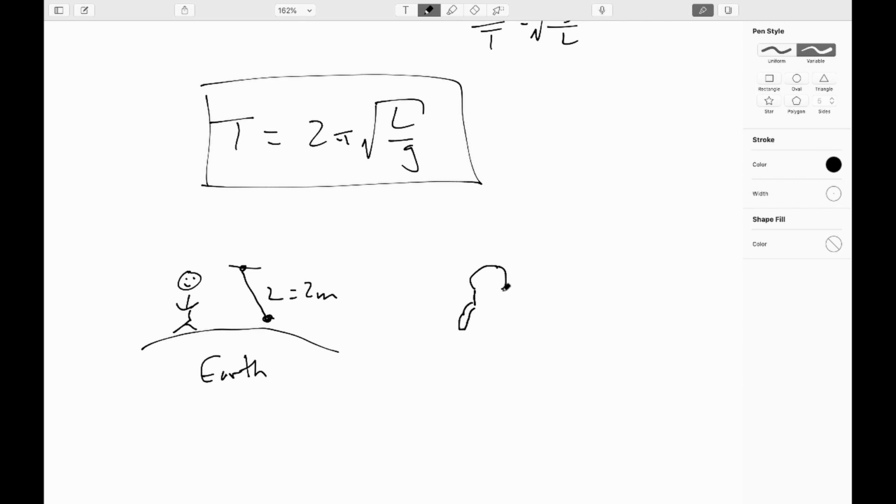It's probably not going to go very well at all. Well, it has certainly been worse. Your friend on the moon, so let's say L Earth here, wants to construct a matching pendulum that would oscillate with the same period.